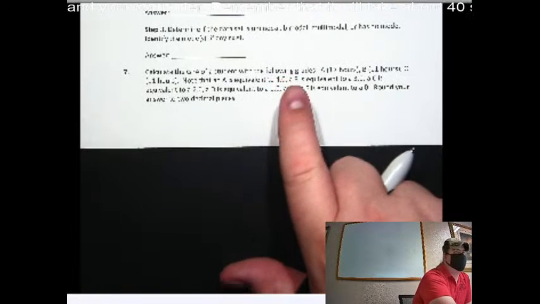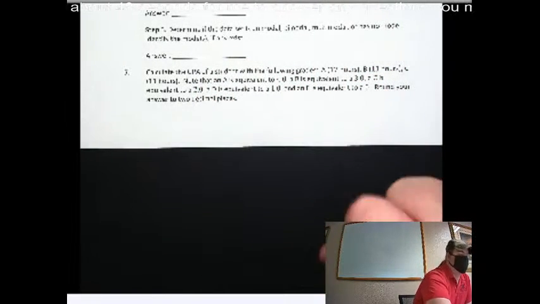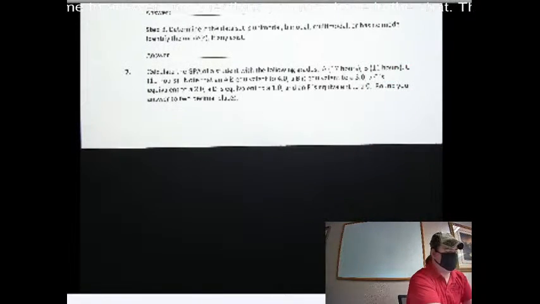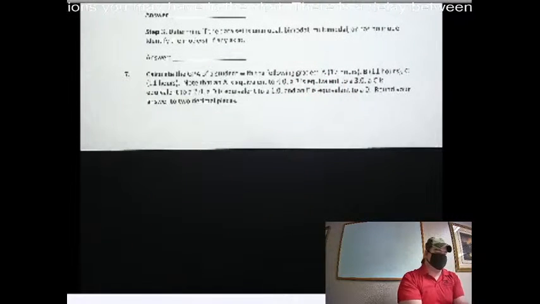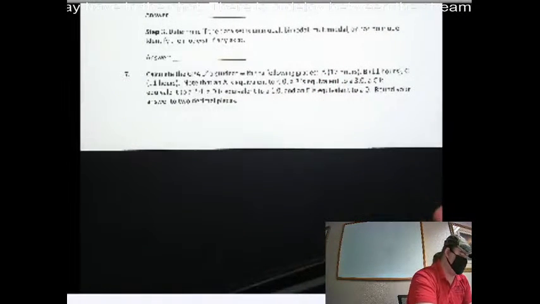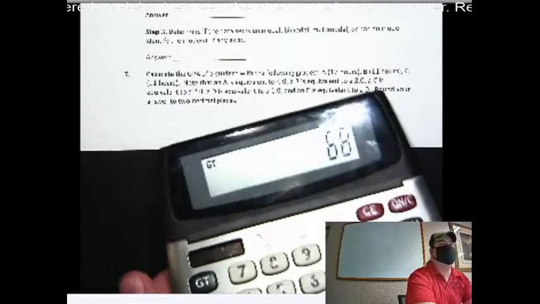So, A is a 4.0, B is a 3.0, C is a 2.0, D is a 1.0, and F is a 0. For each of these, we need to multiply those values by the hours. So A times 17, A is a 4.0, so we do 4 times 17, and we get 68.